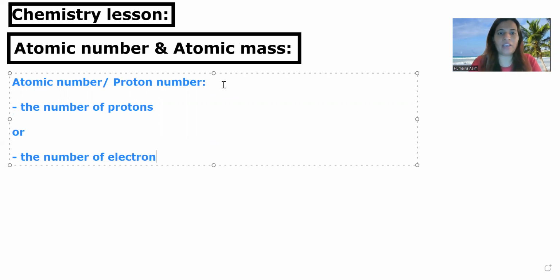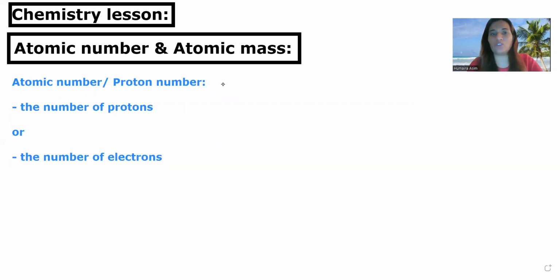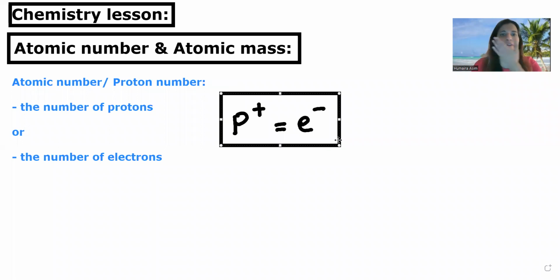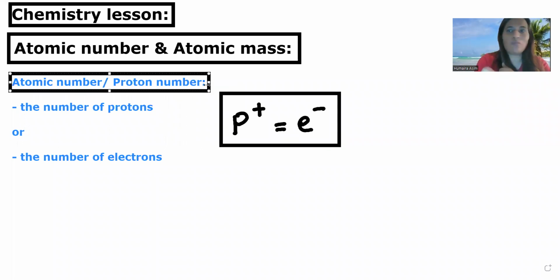Keeping in mind electrons have negative charge, protons have positive charge. So in any atom, there are going to be equal numbers of protons and electrons, right? So this is either number of protons or electrons. We are talking about atomic number or proton number.